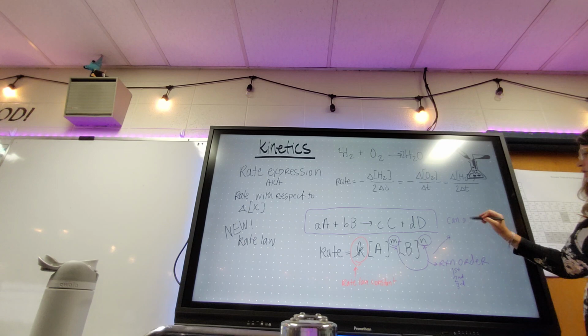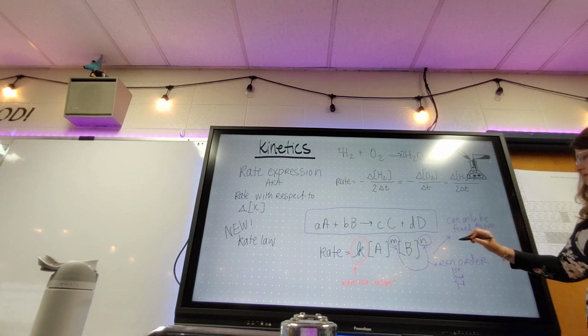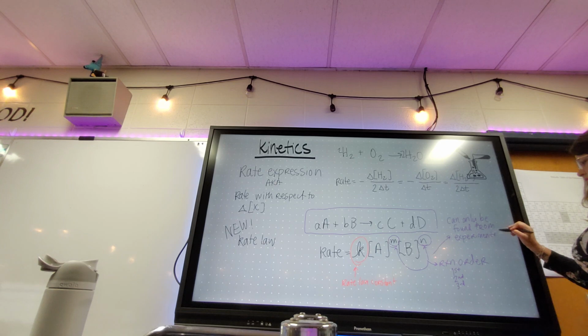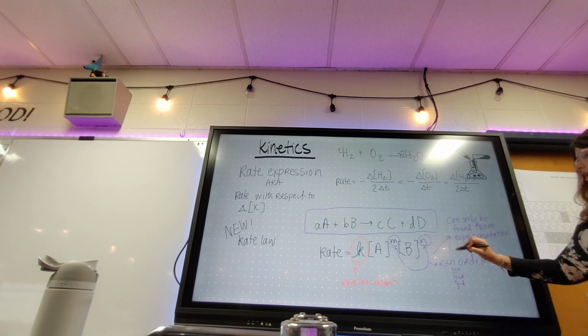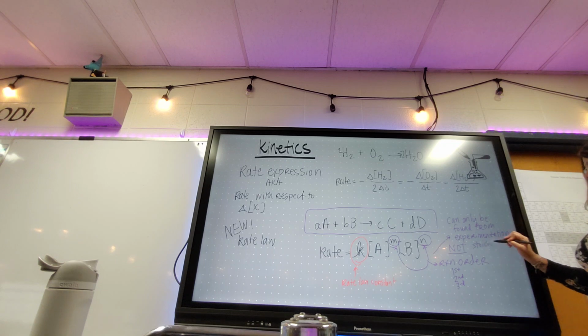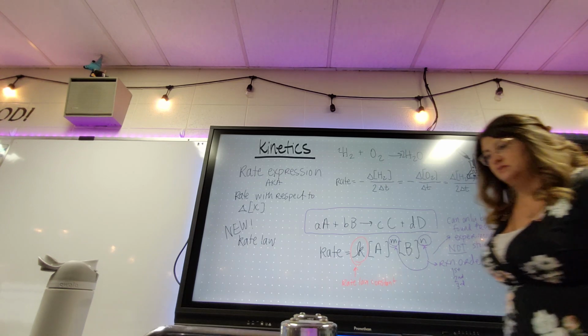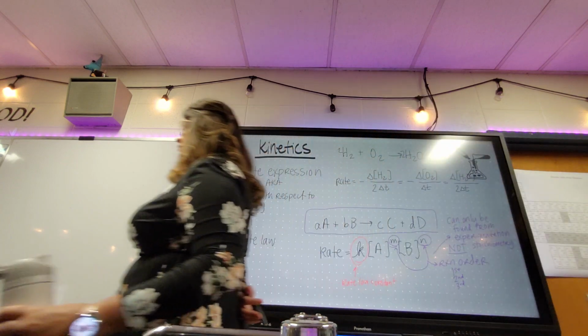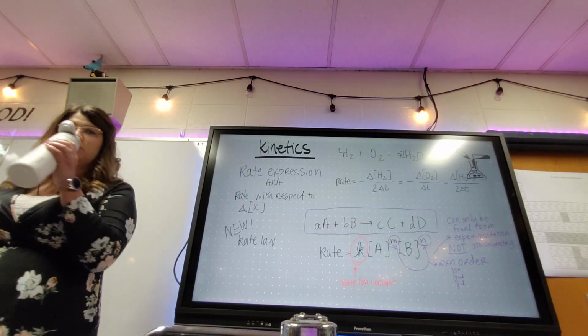So I'm going to write on the board, can only be found from experimentation, not stoichiometry. You can only find m and n by doing experiments. You cannot find them by looking at your chemical equation.